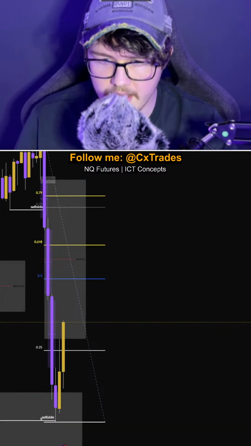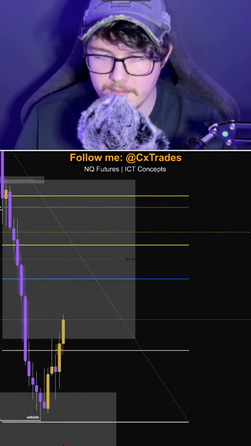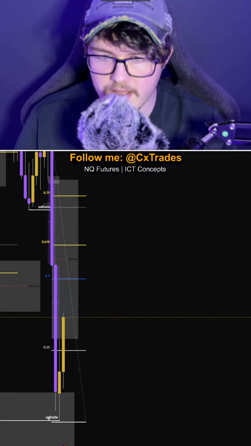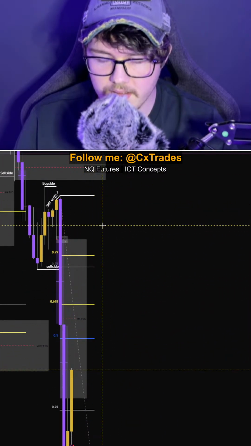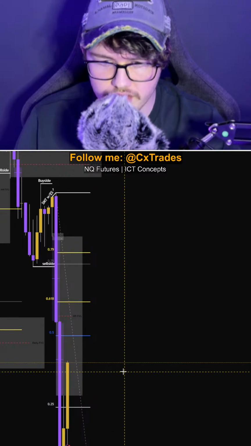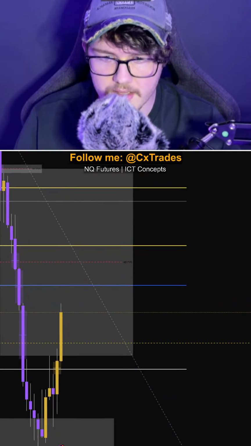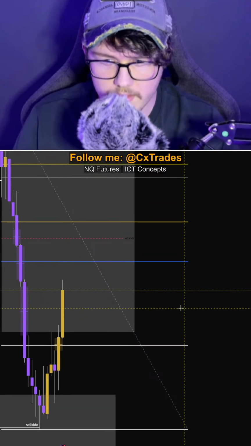There's no singular FVG that you could take here. Obviously, if we closed above the entire range, it's a different story. If we closed up here, your stop loss is huge, it's still not going to be worth it. We might get EQ here for a potential continuation short.